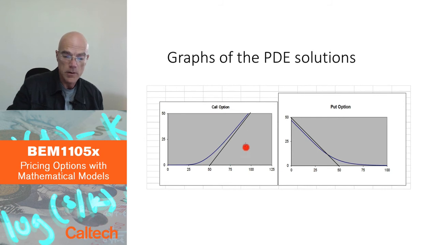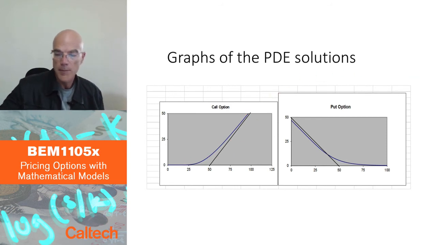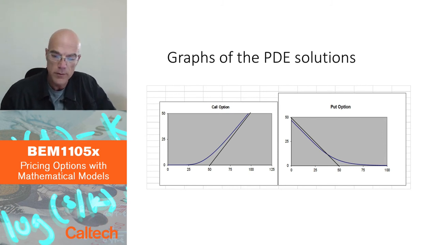So this blue line gives you the values of the option price at that particular time, depending on where the stock price currently is. Different models would give you a different blue line. This is the Black-Scholes model, computed from the formula, but other models would give you different values.